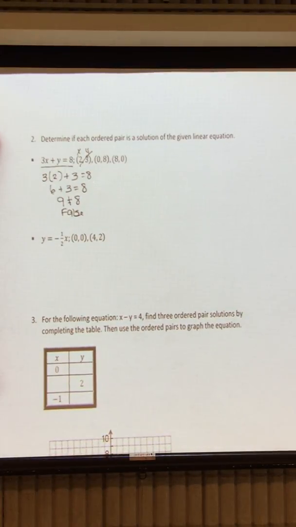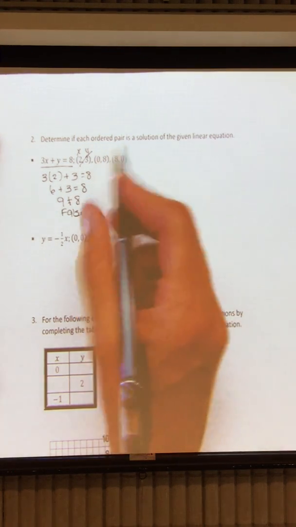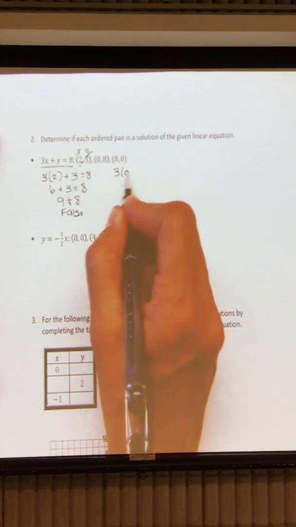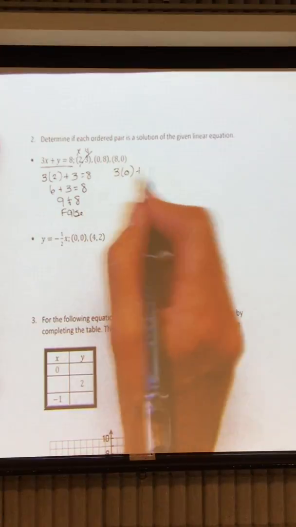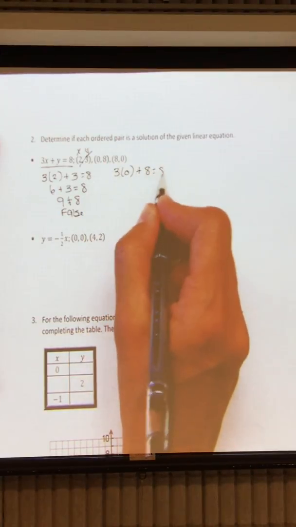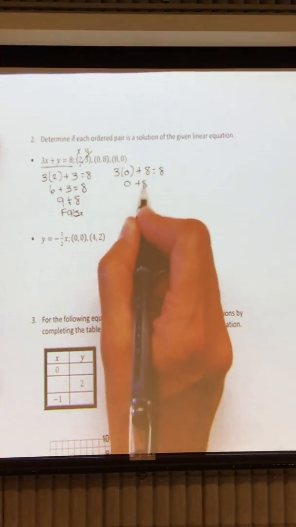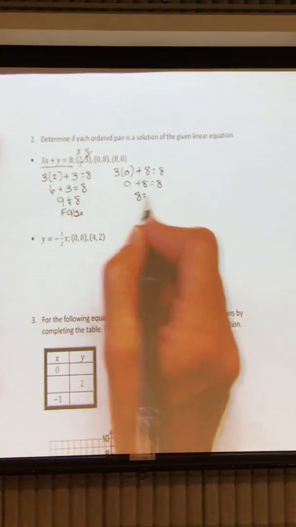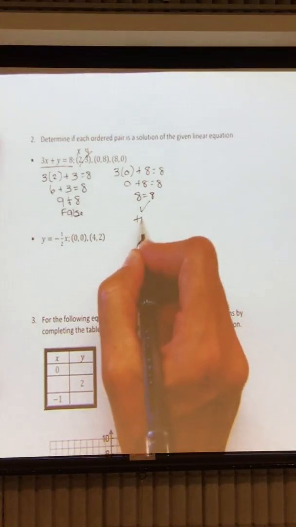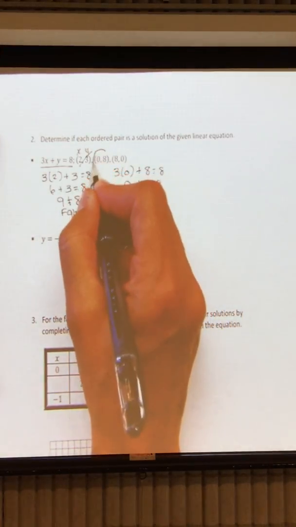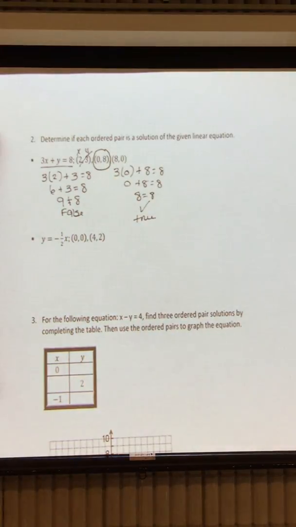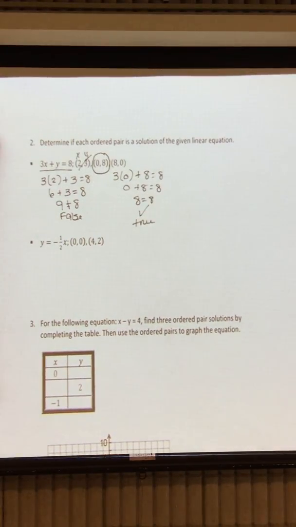Let's try the second point. Again, x is 0, so we have 3 times 0 plus y, which is 8, is equal to 8. 0 plus 8 is equal to 8. 8 is equal to 8 is true. Therefore, 0, 8 is a solution to that given equation.